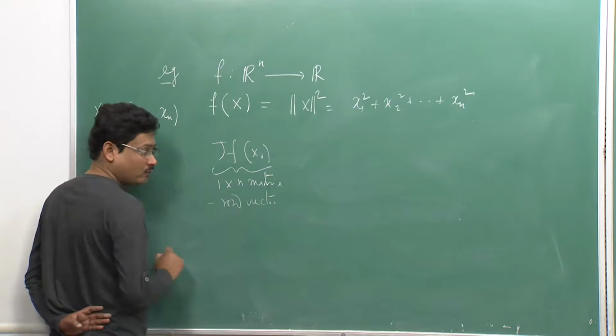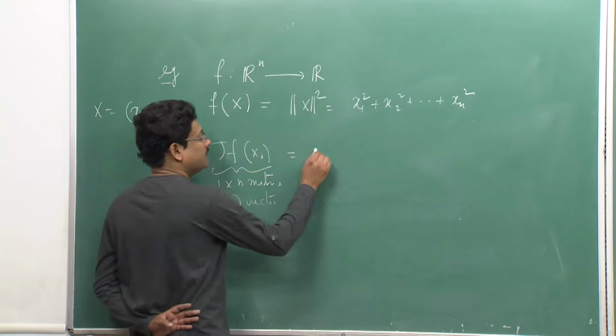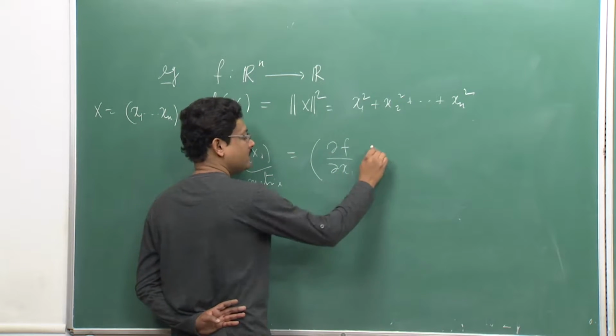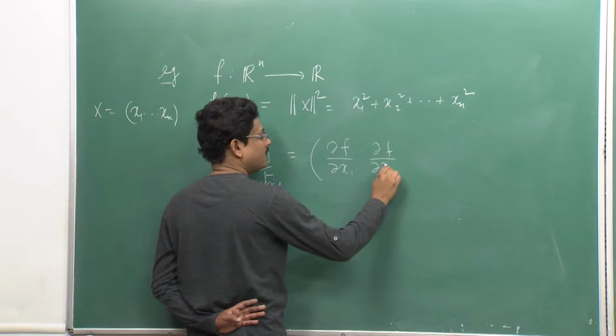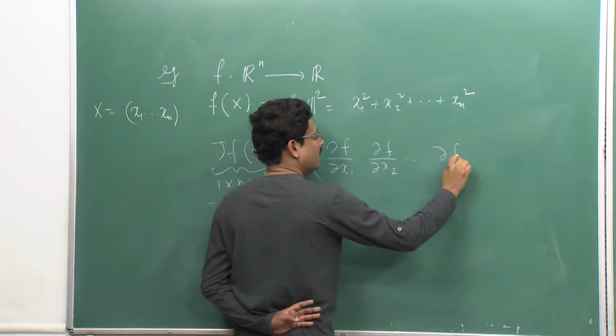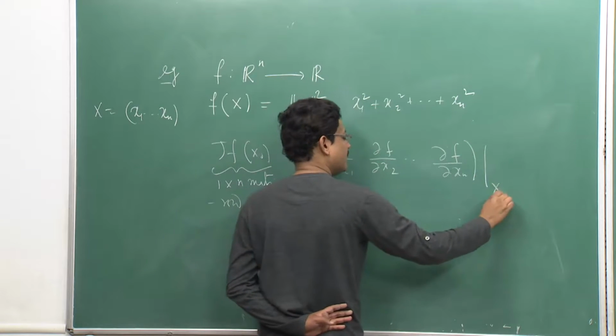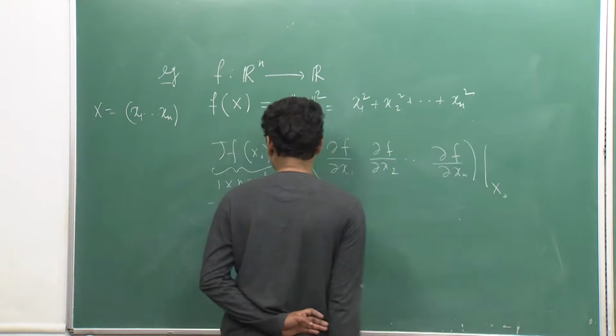And what will that row vector be? This is del f del x1, del f del x2, ..., del f del xn evaluated at the point x naught.